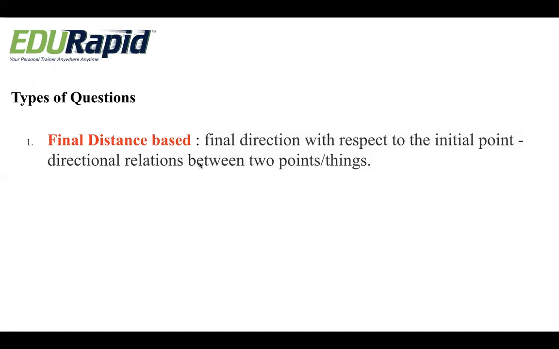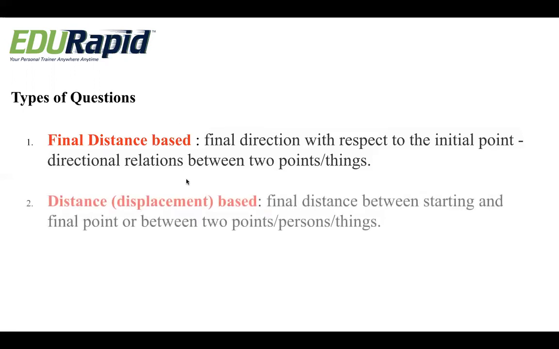Don't get confused here. This is simple. That means you need to tell what is the final distance in the end. The final distance between the starting point and the final point, that's what you are supposed to figure out. The question can be based on that.